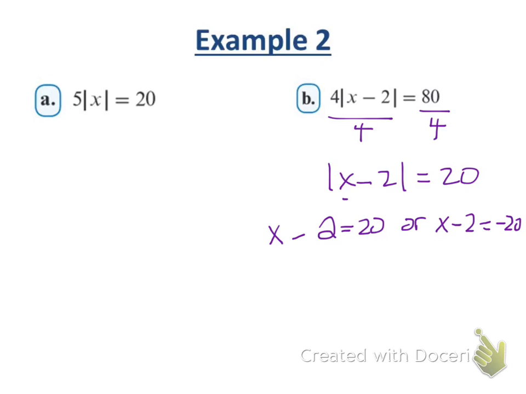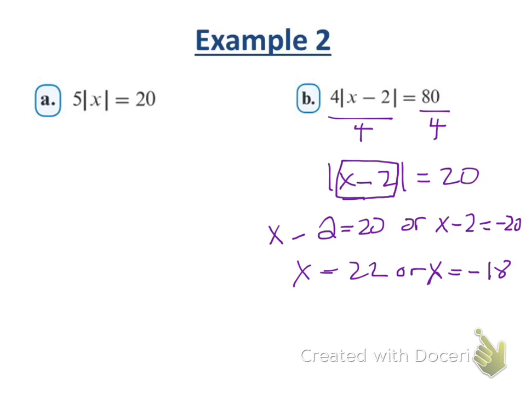This thing inside, we're treating it as a blob. What do we know about that blob? That blob has to be 20, or that blob has to be negative 20, because what's inside there gets more complicated. So x equals 22, x equals negative 18.